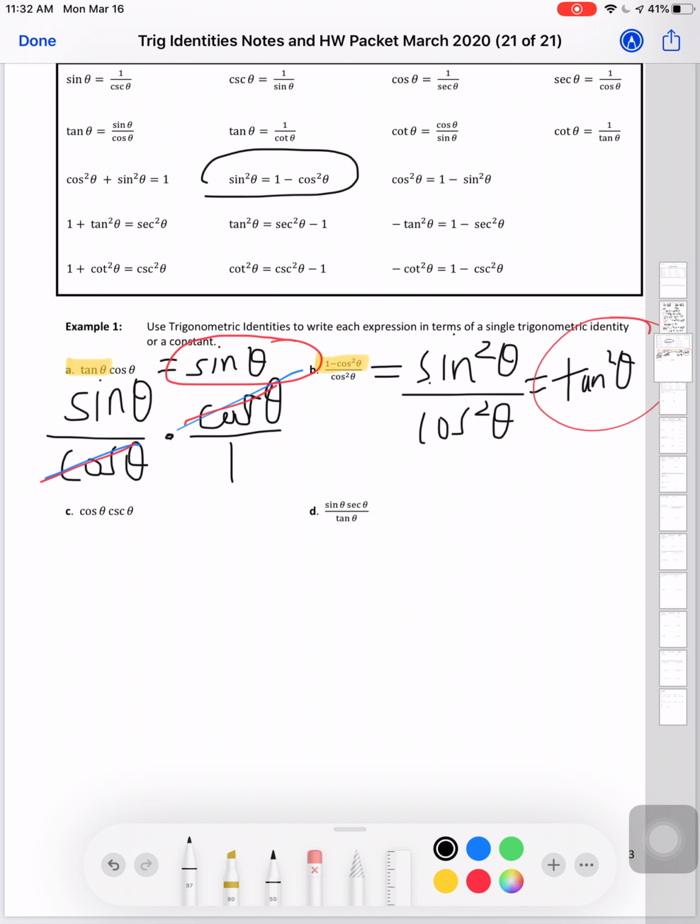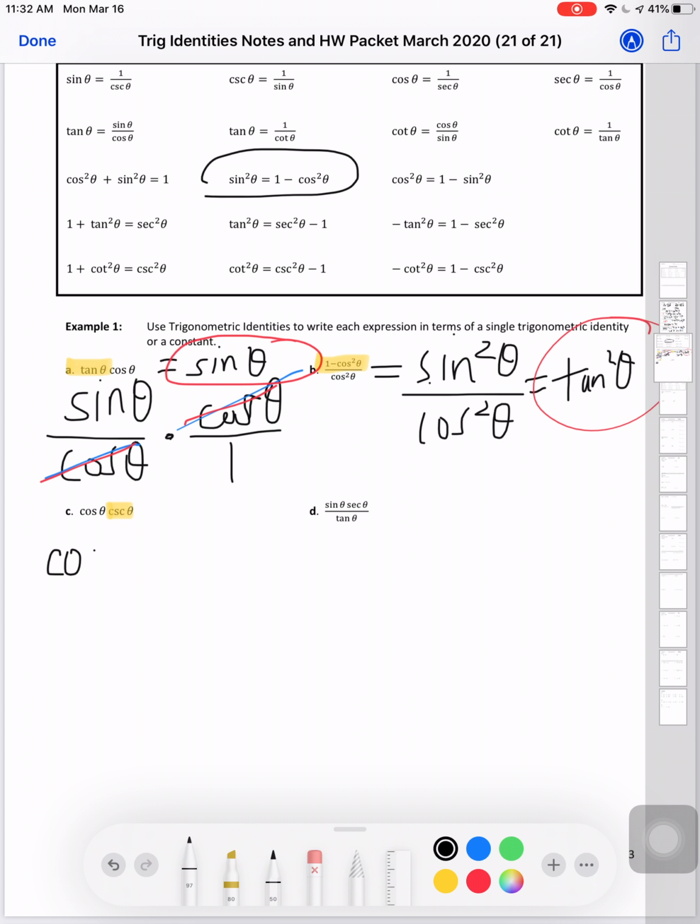I'm going to do something similar on this other side. Cosine is just normal. Most of the time we try to get things in terms of a sine or a cosine because those are the most basic functions. Everything else follows in line with those functions. So here I'm going to change cosecant because it's the one that is not a sine or a cosine.